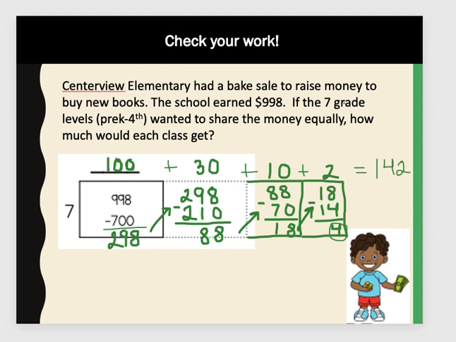So the 7 grade levels are sharing $998. Each grade will get 142 of those dollars, and there'll be $4 left over. With that $4 left over, they might have to break it into some coins, some change in order to share it.